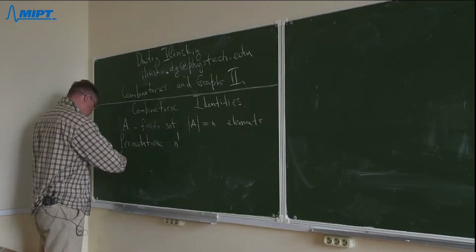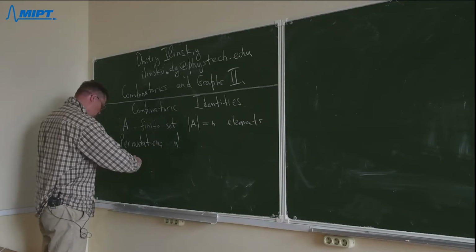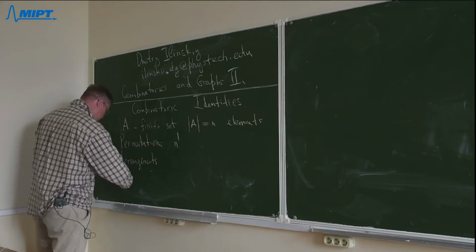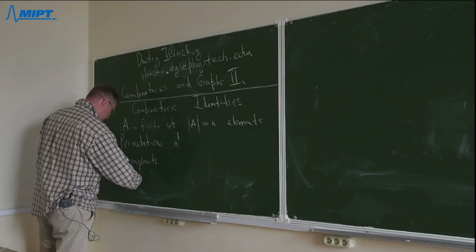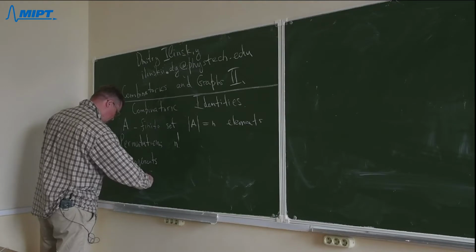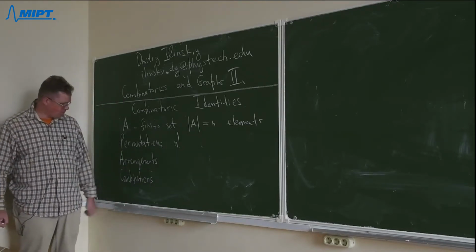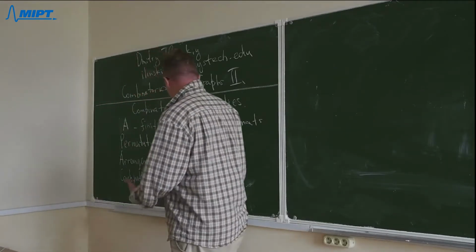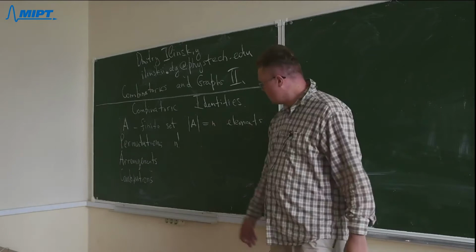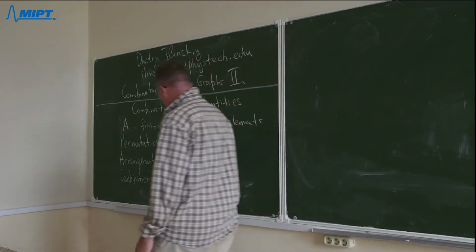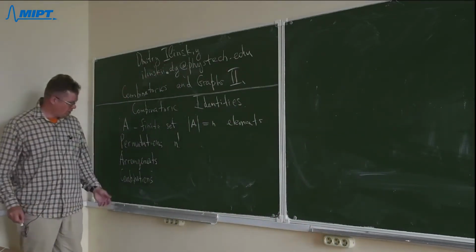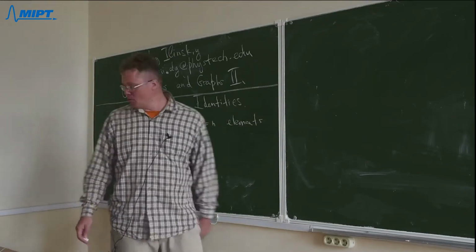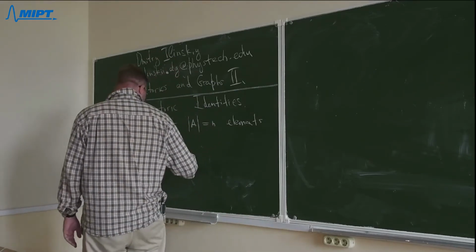And we have arrangements and combinations. With arrangements, you take some elements of the set and you care about the arrangement of these elements, so the order, and you can also look at this as a tuple.